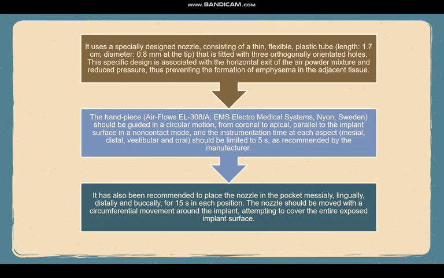This specific design is associated with the horizontal axis of the air mixture and reduced pressure, thus preventing the formation of emphysema in the adjacent tissue.